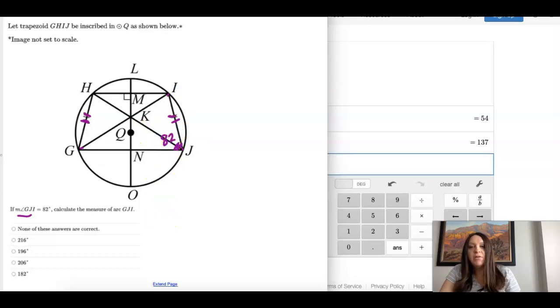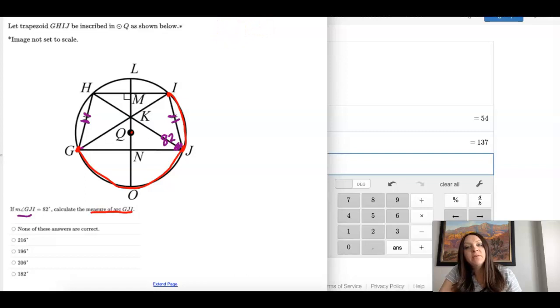And we want to calculate the arc of G, J, I, so it's through J to I. All right. So we're not going through the center. So this line is not a diameter. It's not 180. We're going to have to figure it out.